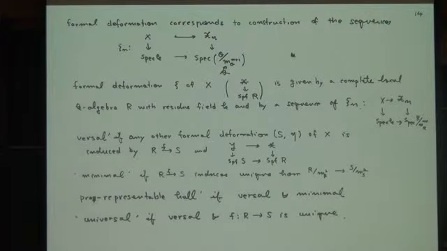Versal means that if any other formal deformation is given by a homomorphism from R to S, then it comes from this one. It is some kind of similar notion to complete in the complete analytic setting, but here for formal deformations. And minimal means versal plus we have a unique homomorphism on the tangent space. And pro-representable hull means versal plus minimal, then it is called the pro-representable hull. Why minimal and not universal?